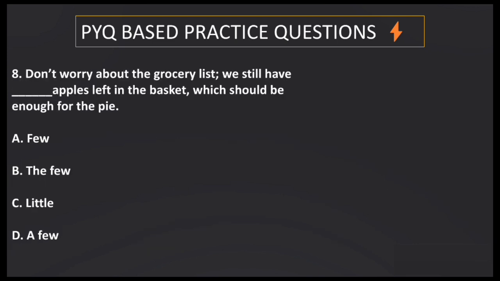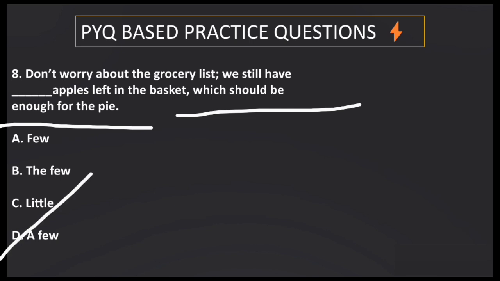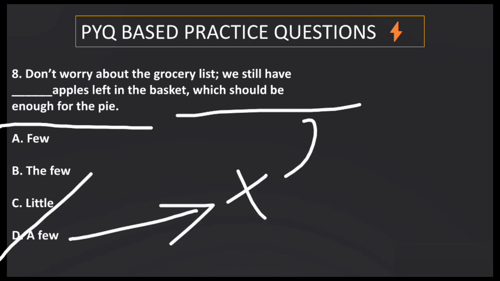Don't worry about the grocery list. We still have apples left in the basket, which should be enough for the pie. This specific part of the sentence, which should be enough for the pie, implies a sufficient amount, which is a positive tone, and when it is a positive tone we must use a few as the correct option because it gives us a positive connotation.